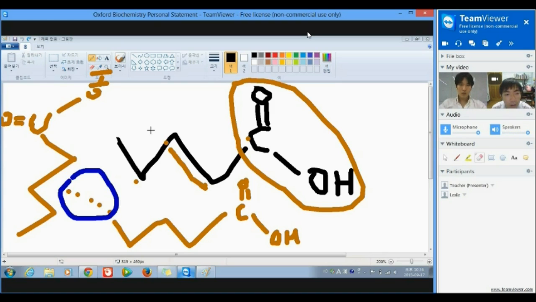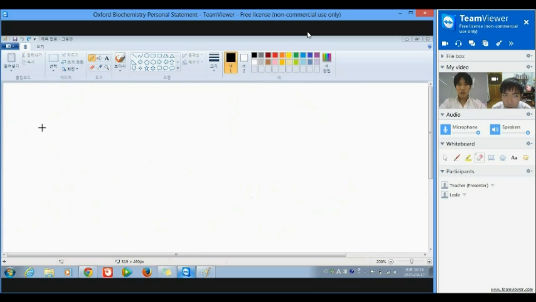Let me just align two pentanoic acids. I'm gonna clear the diagram so that we can draw another one. Let me just draw this side by side.